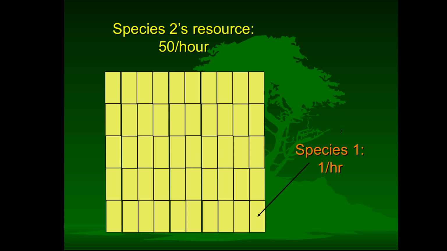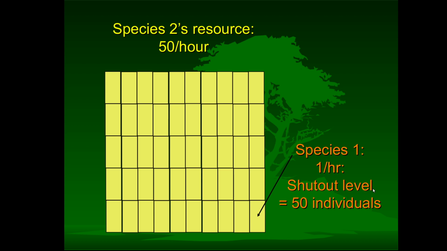That would be 50 units per hour divided by 1 unit per hour per individual equals 50 individuals of species 1. So if species 1 reaches a density of N1 equals 50, it completely shuts out species 2. There is no resource left over for species 2 to consume, so no individuals of species 2 can exist. Species 2's realized carrying capacity is 0 in the presence of 50 individuals of species 1.